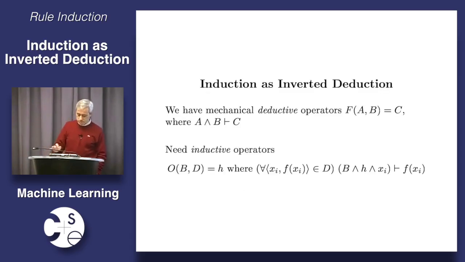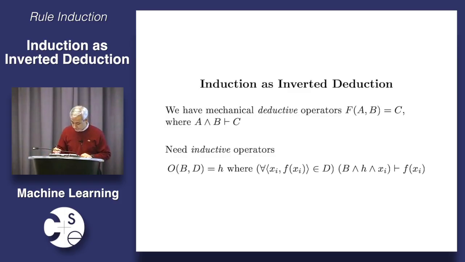Now here's the statement of the problem. What we have now, just from computer science and logic and whatnot, is deductive operators. And we can express this in the following form: if I have A and B, I have a function f that produces C. Think of A as the fact Socrates is human, and B as the fact all humans are mortal, and C as the fact Socrates is mortal.